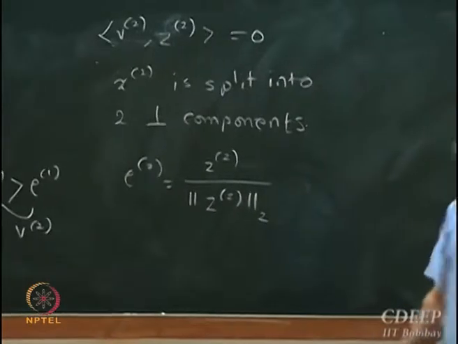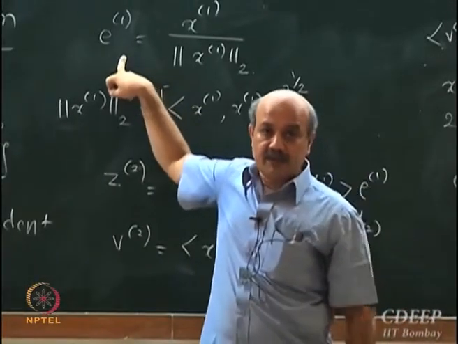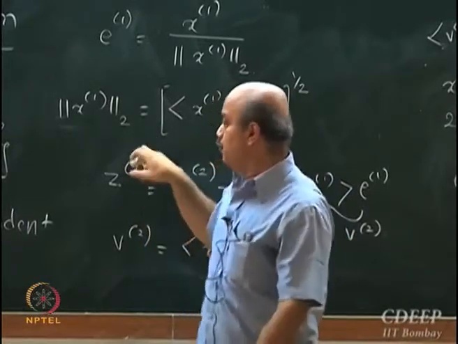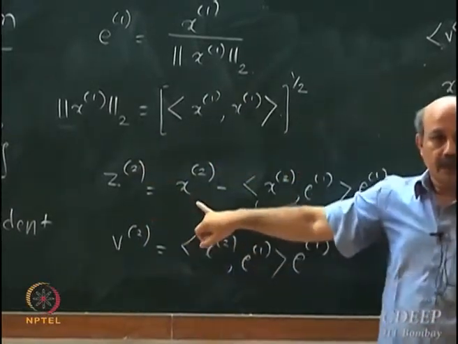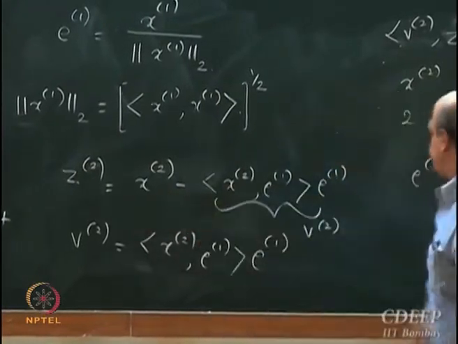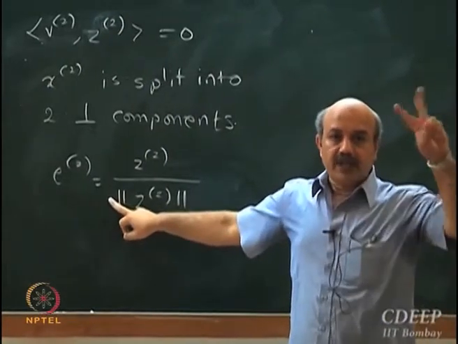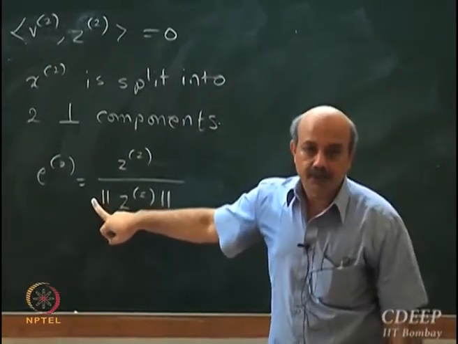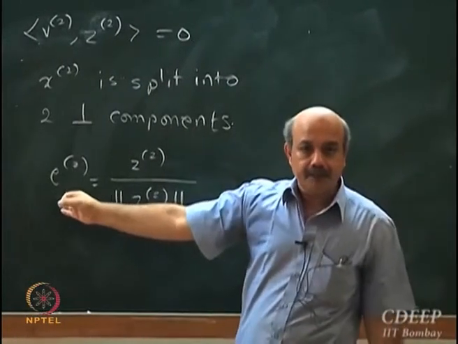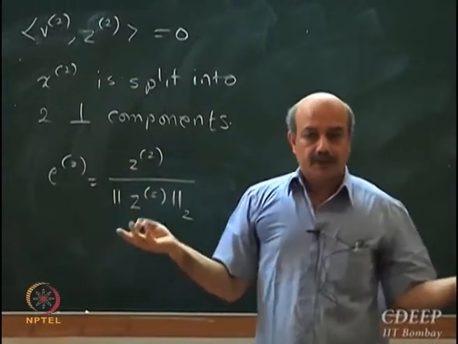So I got two directions, E1 here starting from the first vector, then I removed the component along E1 from x2, I created Z2, then I just normalized Z2 to create E2. So now there are two directions, E1 and E2, both of them are unit magnitude, and E1 and E2 are orthogonal.